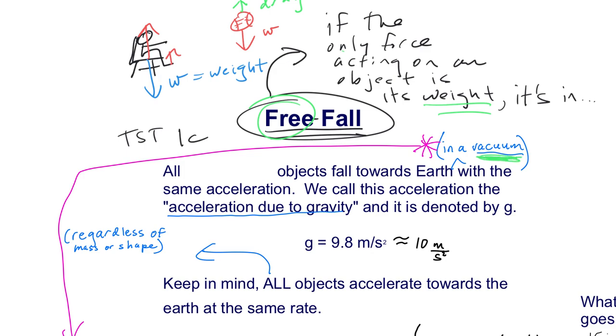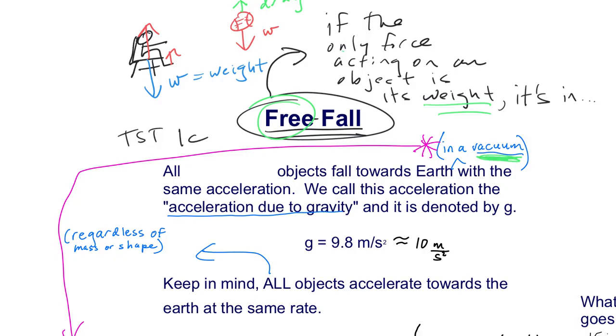A vacuum is just a place where most of the air has been sucked out of the chamber by a vacuum pump, and what's left is just a few air molecules that won't cause any air drag whatsoever when an object is falling.